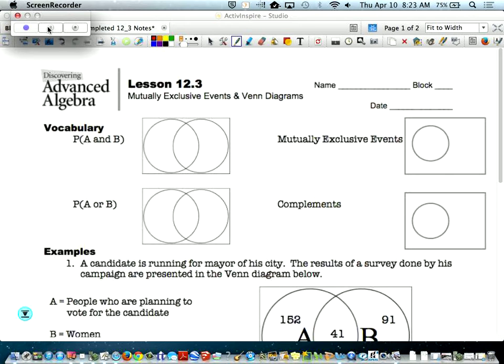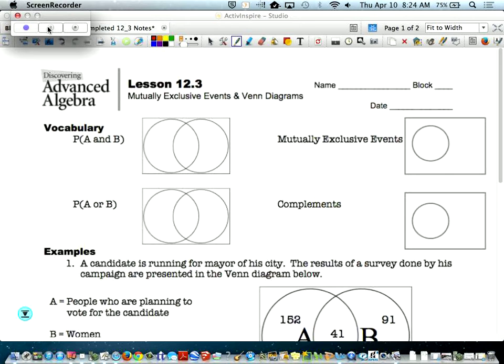They're talking about, can you take a science class and a math class at the same time? Depending on how you word the question, it could be math first block and science second block, right? But you can't take math and science first block. So you have to be very careful about that.